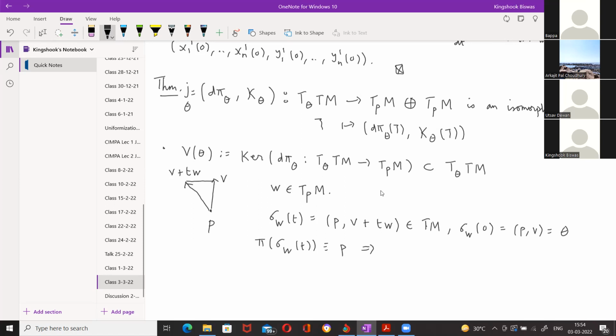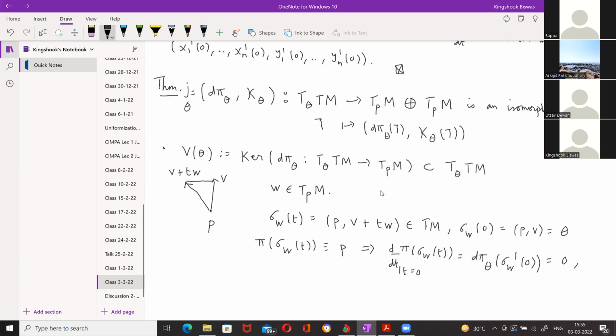That means d/dt at t equals 0 of pi of sigma w of t, which is equal to d pi theta of sigma w prime 0, is equal to 0, because this curve is constant, so its derivative is 0.